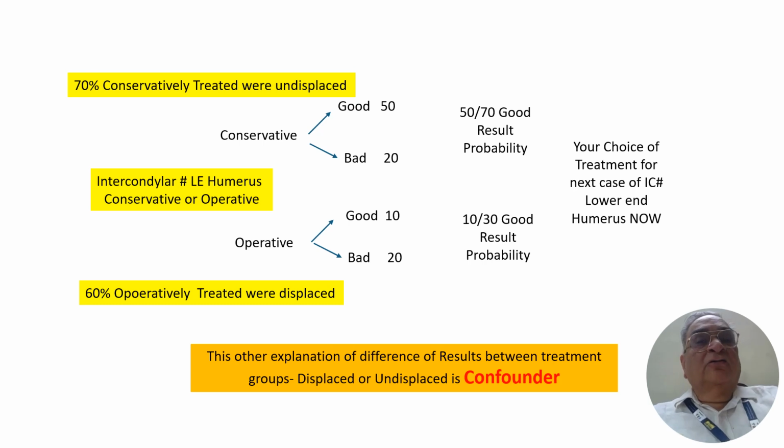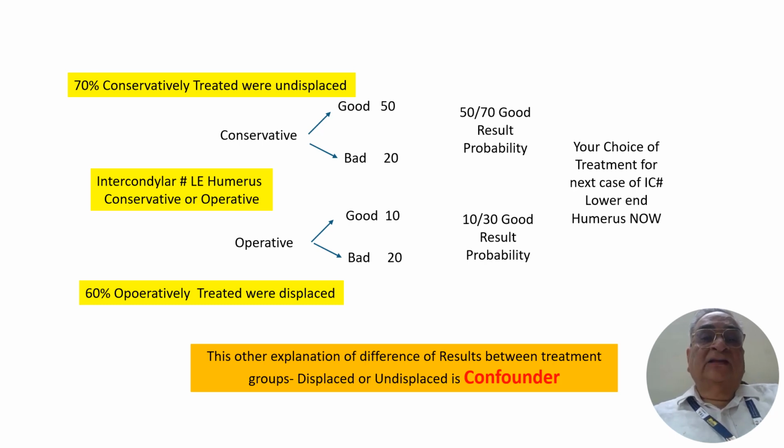Supposing we found out that 70% of the conservatively treated were undisplaced fractures and only 60% of the operatively treated were displaced. So the fact that the fracture was displaced may be an explanation of why the operative group did worse in this case.